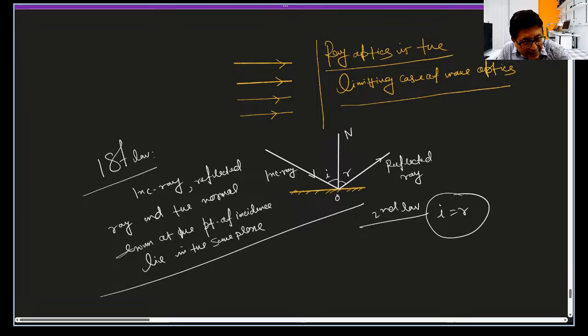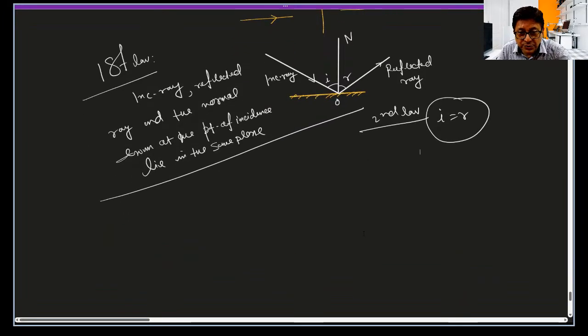Together all these phenomena can happen, but if there is reflection, then i should be equal to r. And this will help us to get the image of an object. Object may be real, object may be virtual.